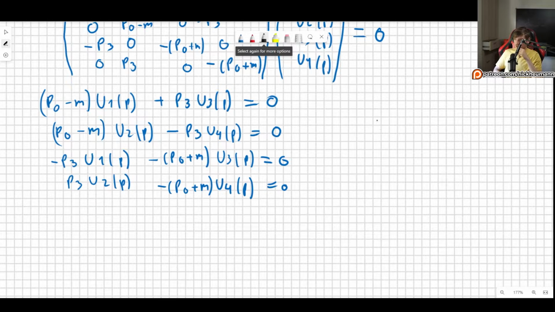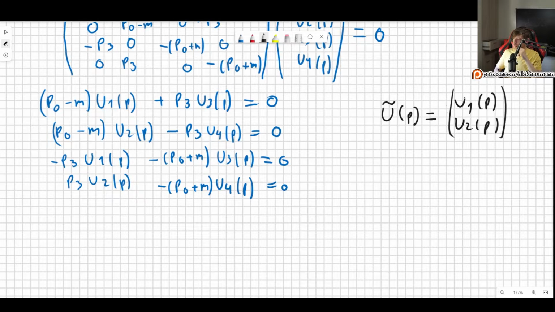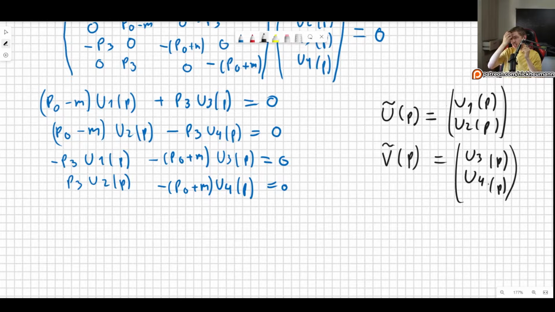So this invites the notation. Of course, this is a little bit of a stretch, so don't worry if you hadn't thought of this. This invites the notation of grouping U1 and U2 into a new vector. So we can say U tilde of P is going to be U1, U2 of P. Just this two-component column vector. And then we have V tilde of P, which is going to be U3, U4 of P. And this will allow us to simplify our notation and make solving this easier.